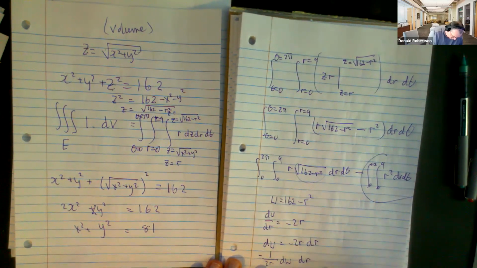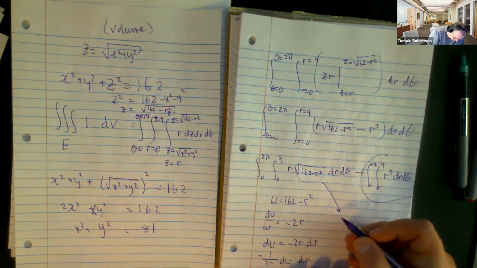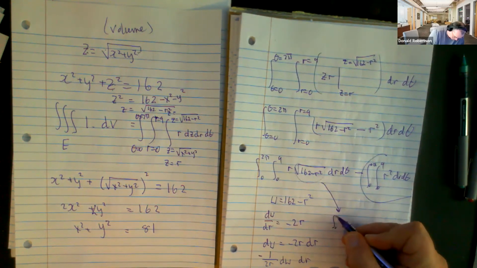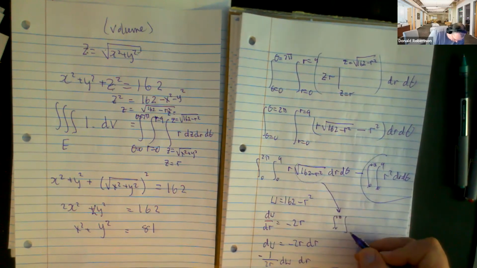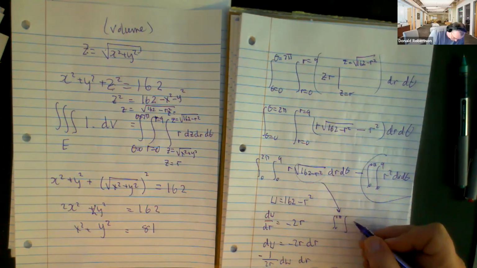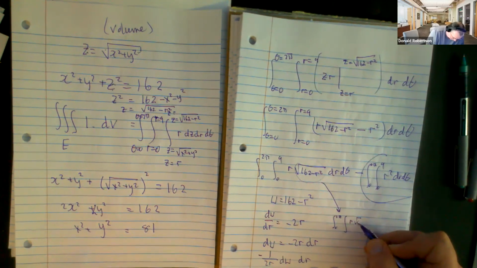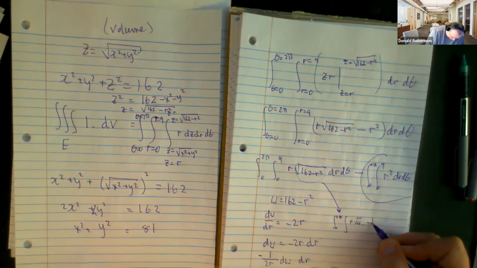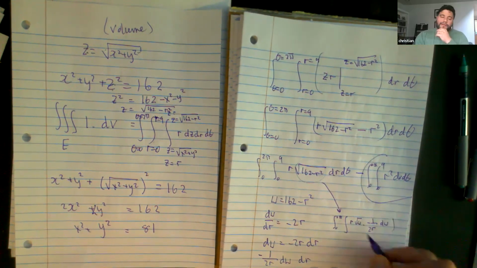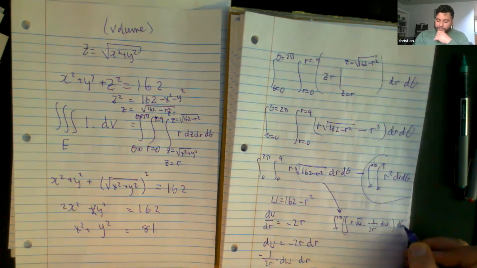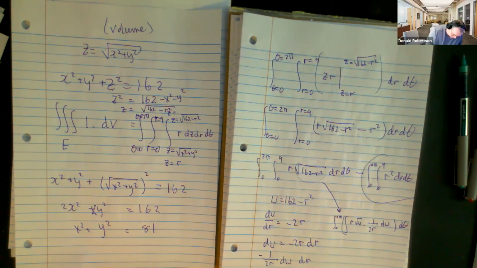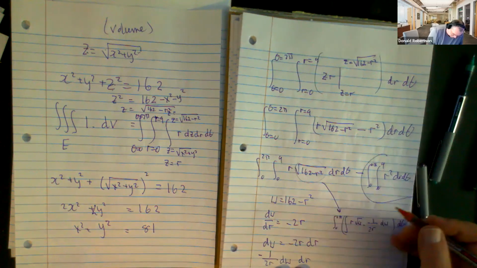So this integral will be from 0 to 2 pi, and then it's going to be r times the square root of u times -1 over 2r du. I left the r out of that. Yes, these are cancelling.